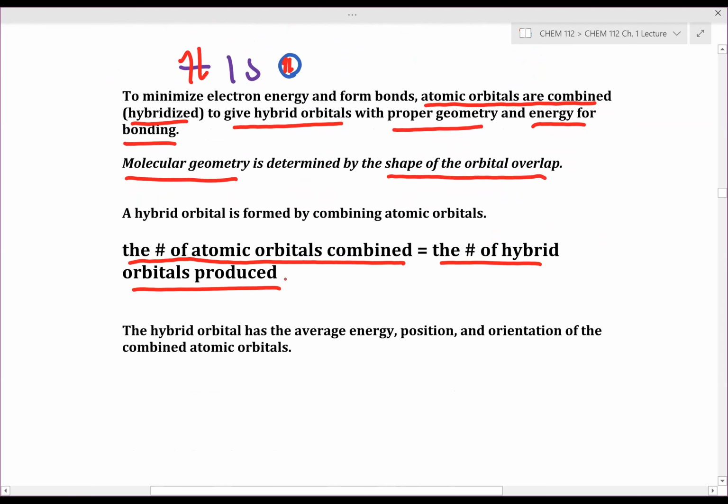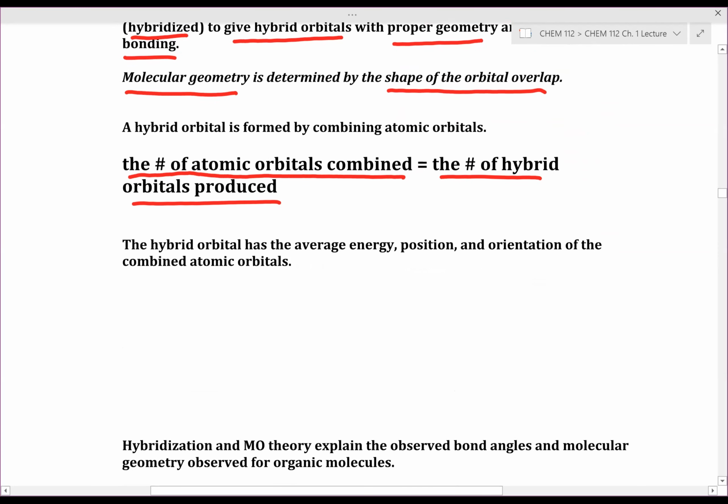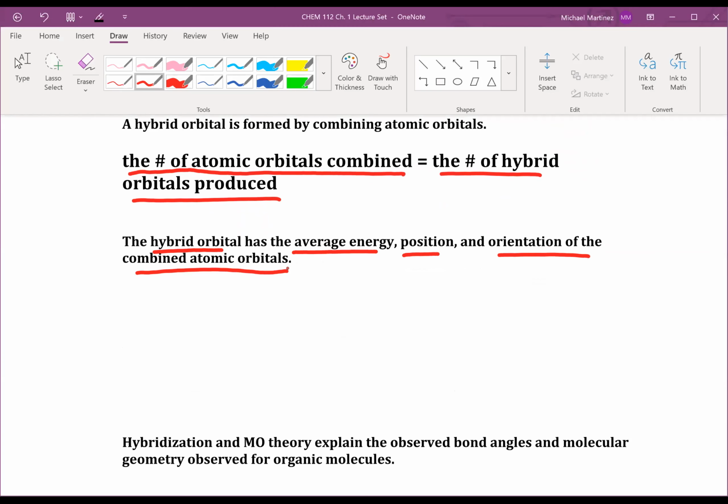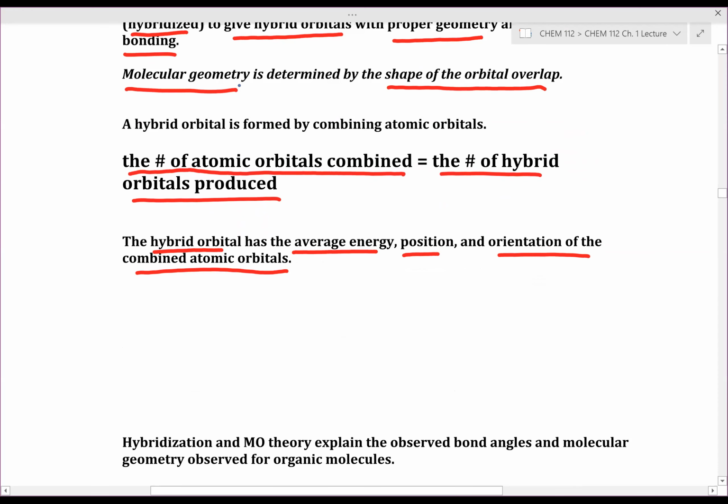However many orbitals you put in, you get the same number out. Finally, the hybrid orbital has the average energy, position, and orientation of the combined atomic orbitals. And this is where we can really start to show this. So let's suppose we're looking at carbon here. So we have our 2s orbital, and we have our 2p orbitals.